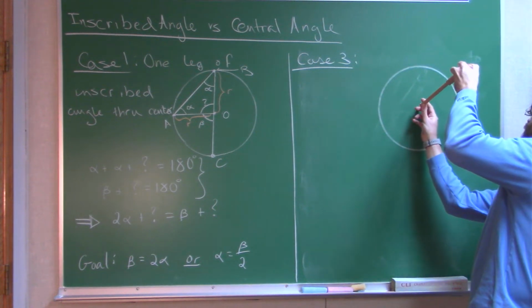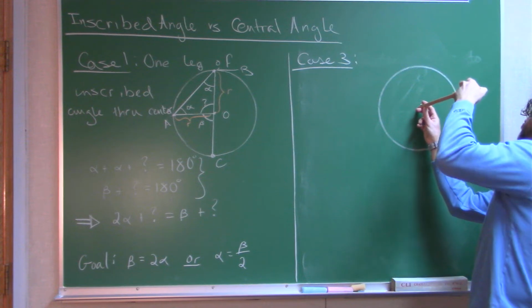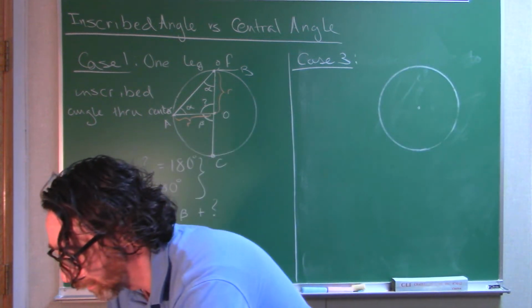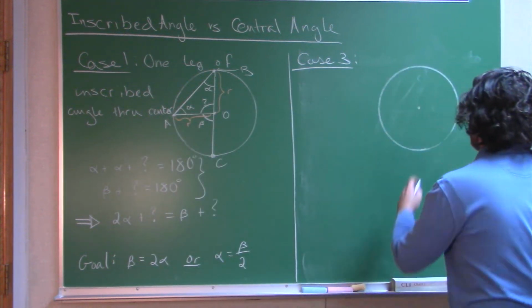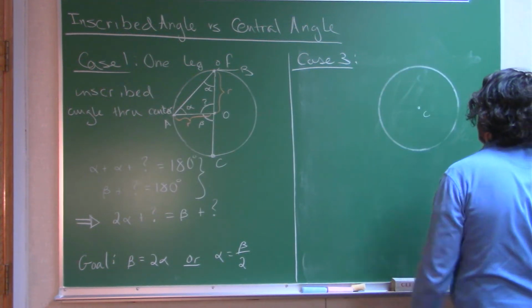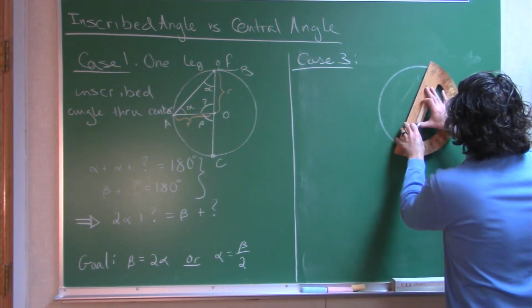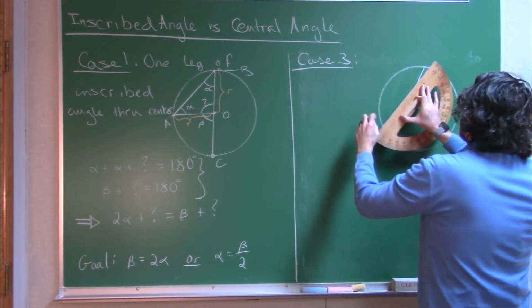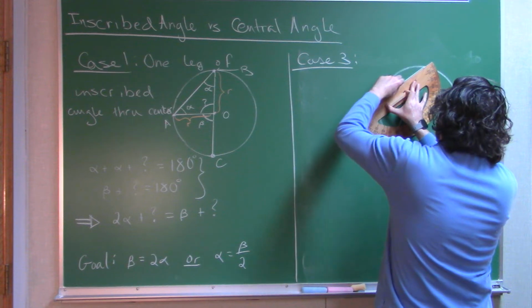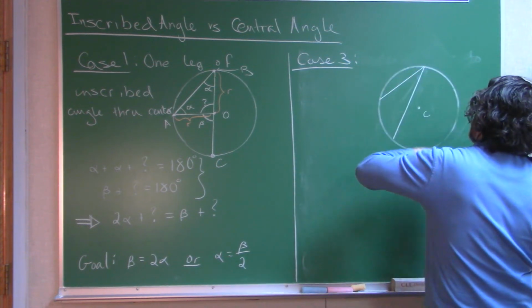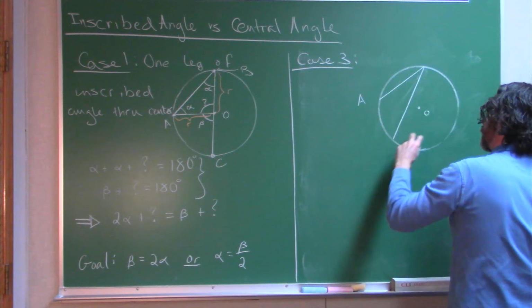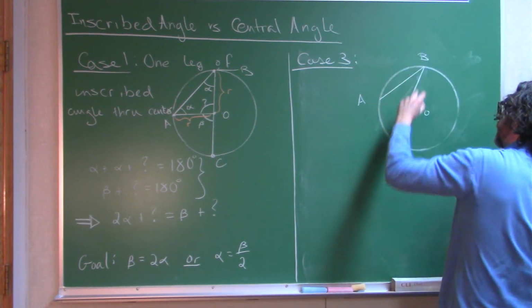That's why I like to draw my center before I start in with my compass. Okay. So there's my point O, the center of my circle. There's my inscribed angle. Let's call these points A, B, and C.